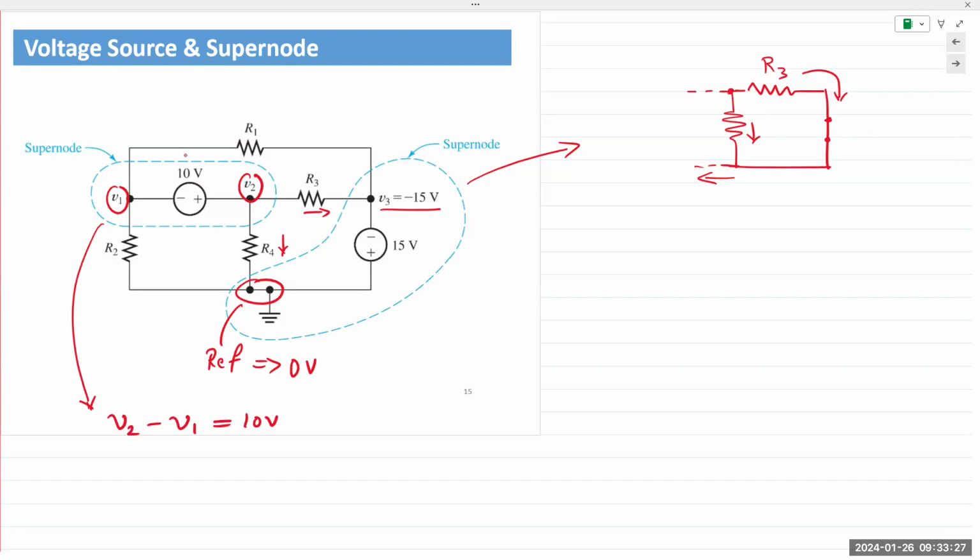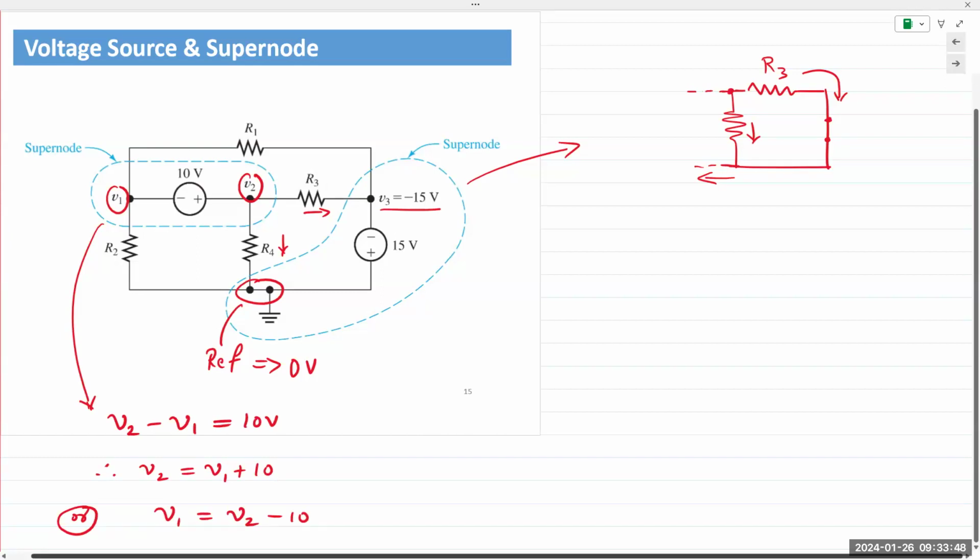And I can describe either V2 in terms of V1 or V1 in terms of V2. So even if I don't have a KCL equation, I still have this: V2 is V1 plus 10, or V1 is equal to V2 minus 10.